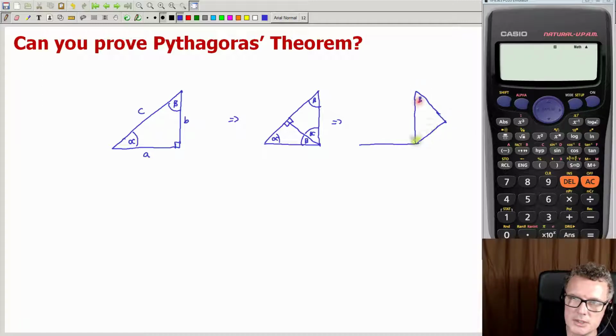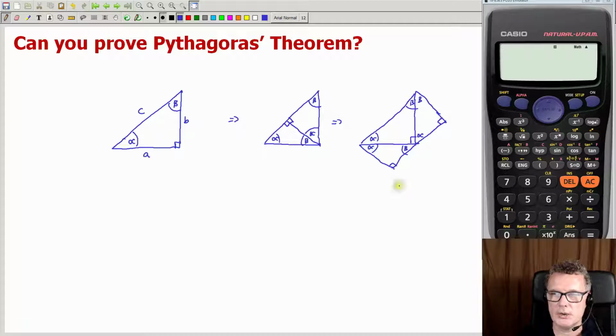So your beta's there, your alpha's there, and your beta's there, the right angles are here, and your alpha's here. So I've flipped out those smaller triangles, and I've still got my original one here. And that's my right angle there, and that's alpha, and that's beta here.